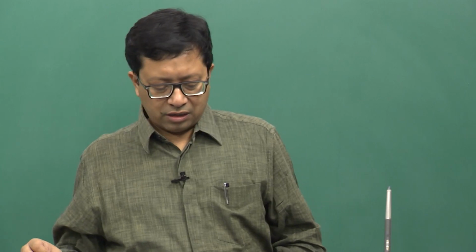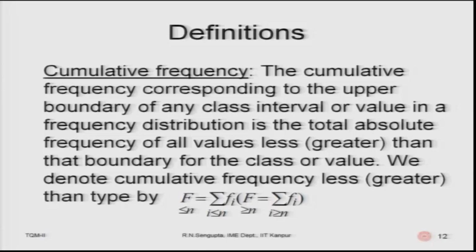So, continuing that, we denote the cumulative frequency of less than and greater than type as described here. This part, the one which you have here, would be for the less than type, that means I am adding up all the values. If you see this sign, I will highlight it.